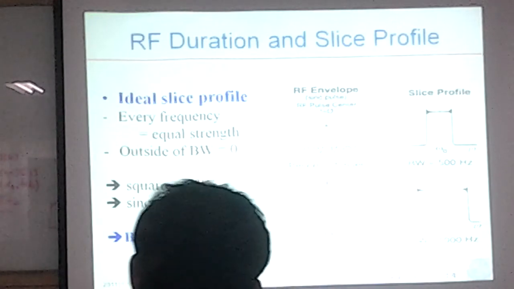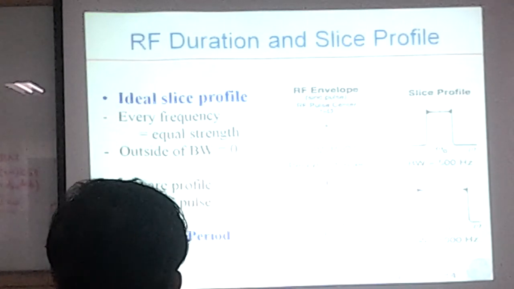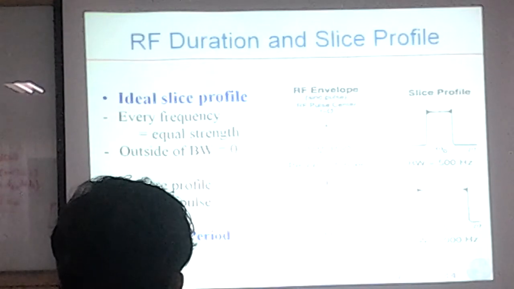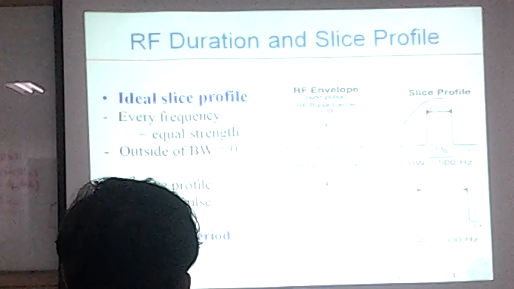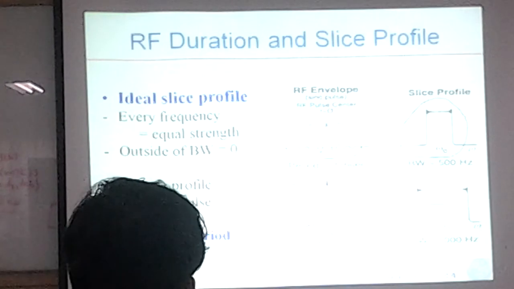This slide shows how the side lobe effect depends on the slice profile. For this RF pulse, the slice profile is shown here. For the sharp and the broadband RF pulse, the bandwidth is wider.